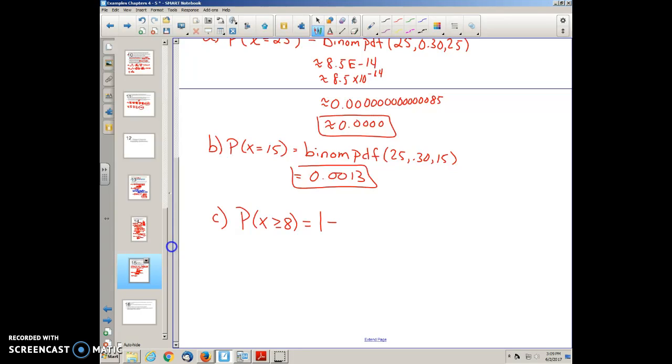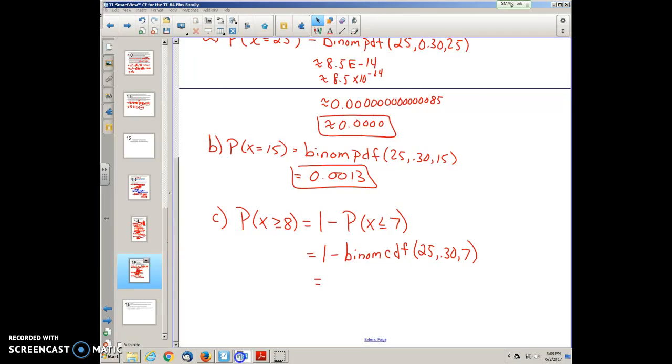So this is equal to 1 minus probability X is less than or equal to 7. So we're going to need to type in 1 minus first. 1 minus binom CDF 25, comma, 0.30, comma, 7.